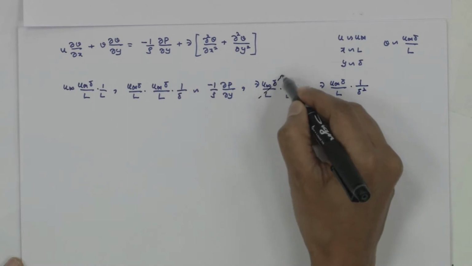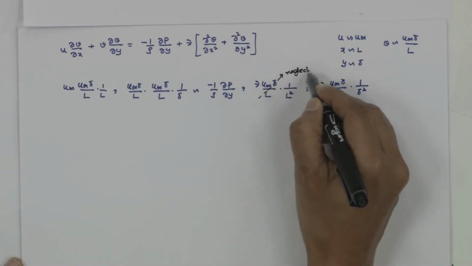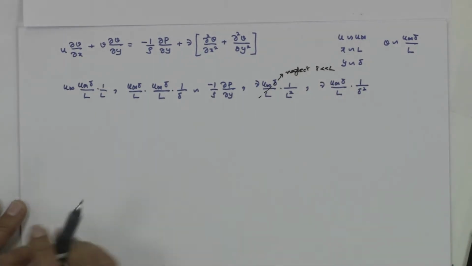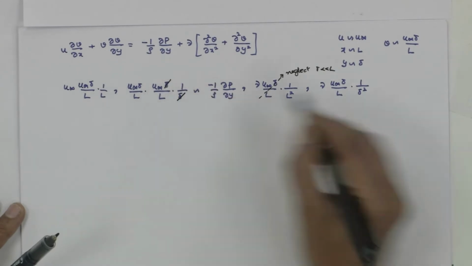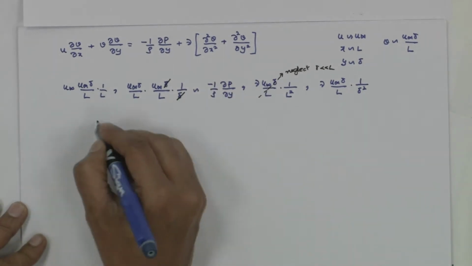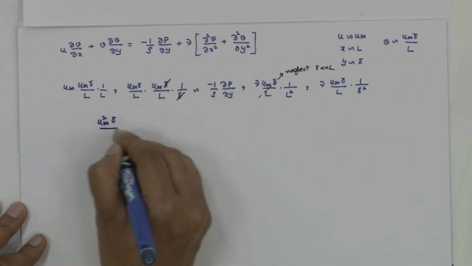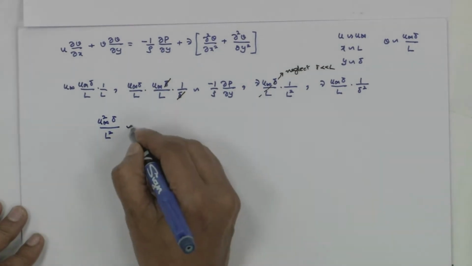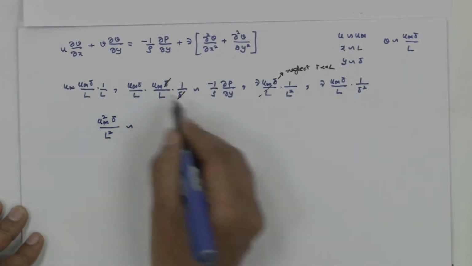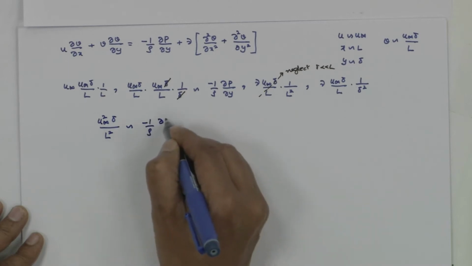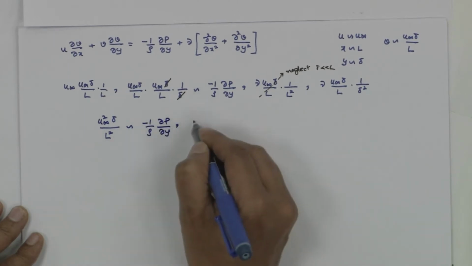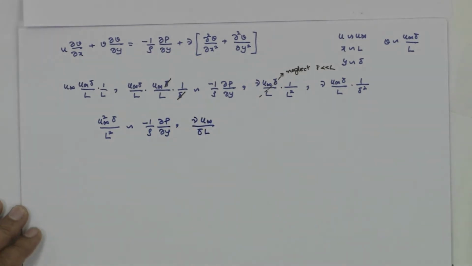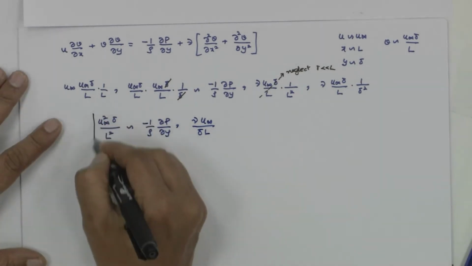So this can be neglected because delta is less than L. Here both the terms are important: u infinity squared delta by L squared, and u infinity squared delta by L squared are of the same order, equal to minus 1 by rho del P by del y, and nu u infinity upon delta L. Let us call this equation 3.